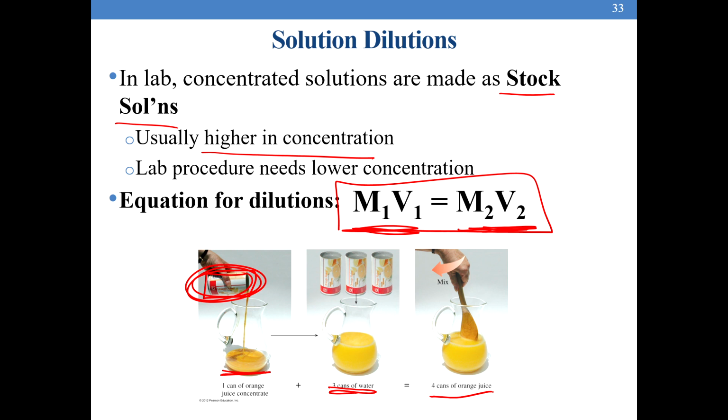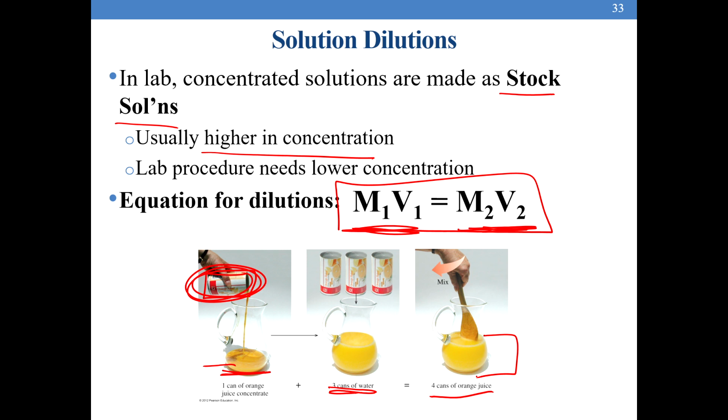So the stock solution in this case would be whatever the concentration is of the sugary syrup. It would be that initial can, and then this would be the final volume. And so you could solve for the dilution. So that's an example.